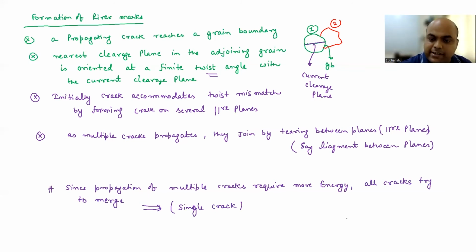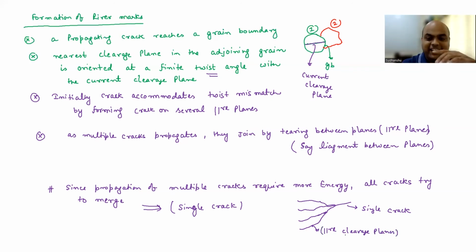And that's how you generate river marks. So you have, say, multiple cracks. And then they merge finally to form a single crack. Okay, and these cracks are on parallel cleavage planes.